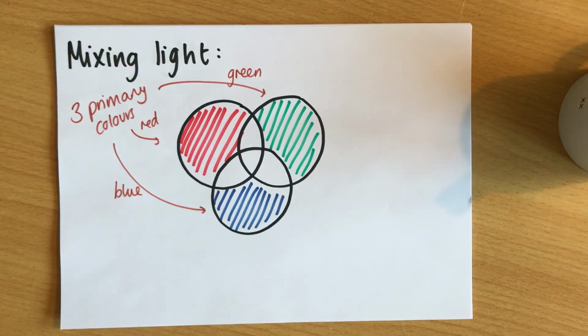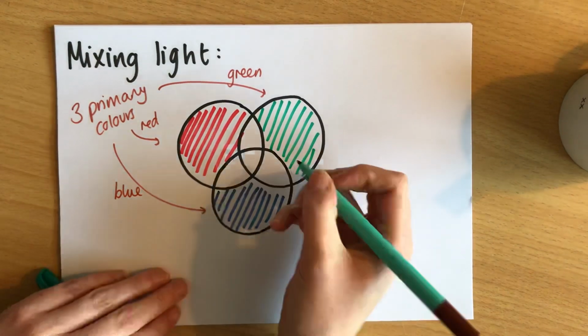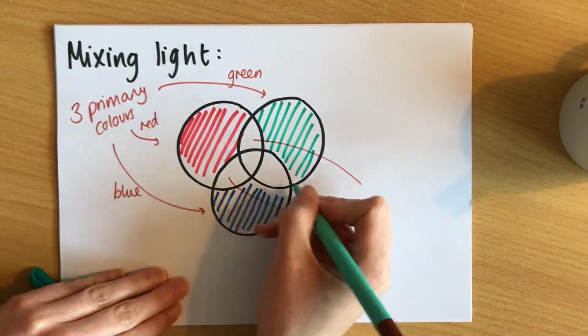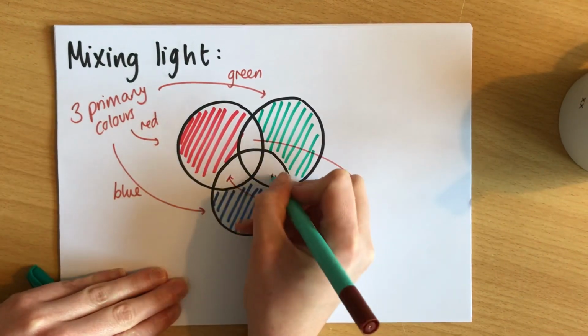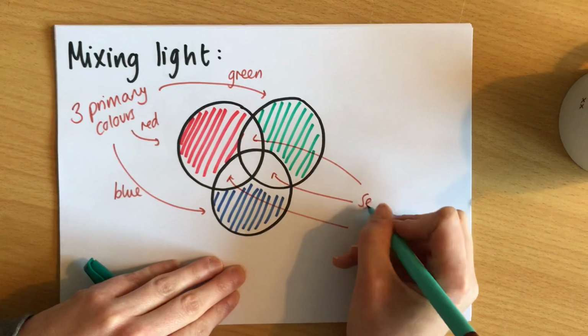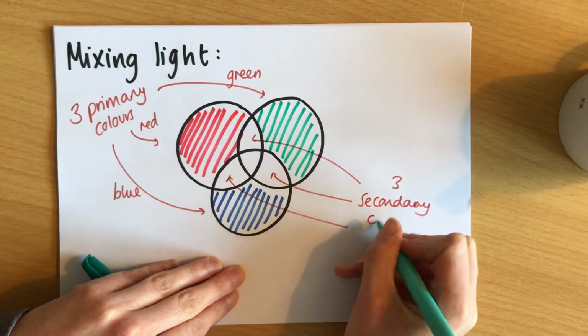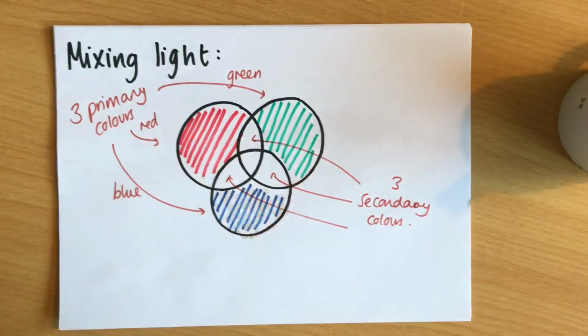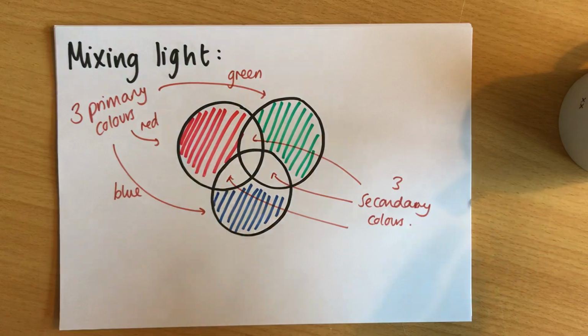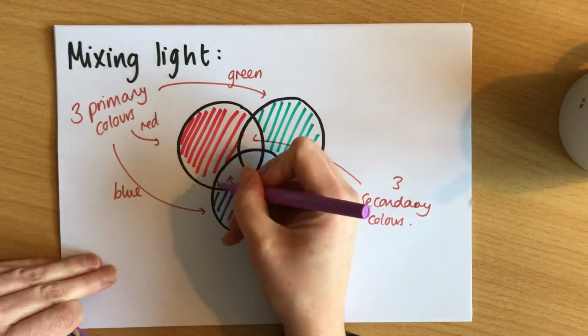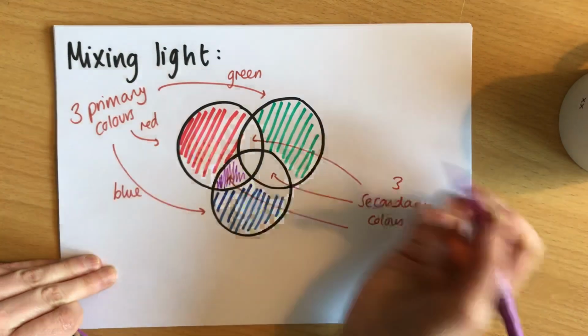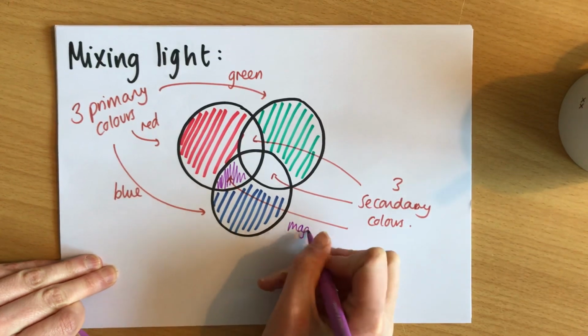Now just like in art, when you mix the primary colours you get secondary colours. We do have secondary colours in physics, and there are 3 of them. And you might have had these before on your printer. Now if I mix red and blue together, I get a kind of purple, and this purple is called magenta.